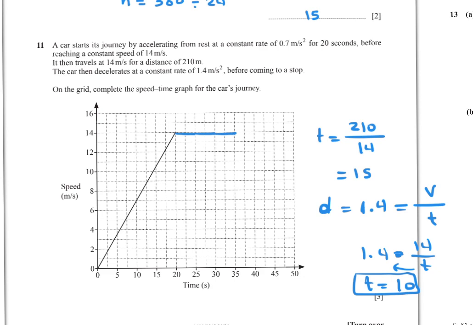So now from 35, add 10, so we are at 45, and join 45 with this point. So this is the deceleration.